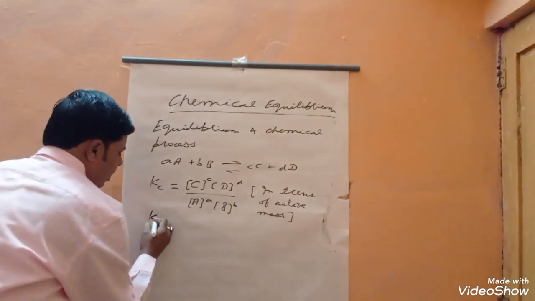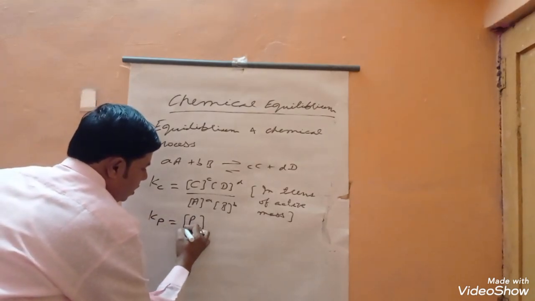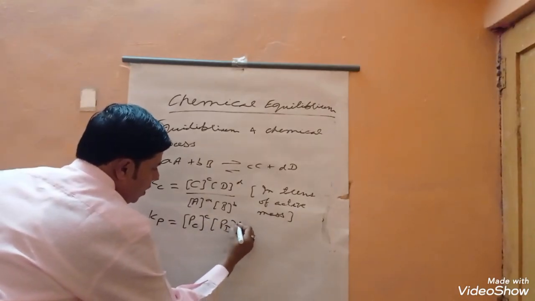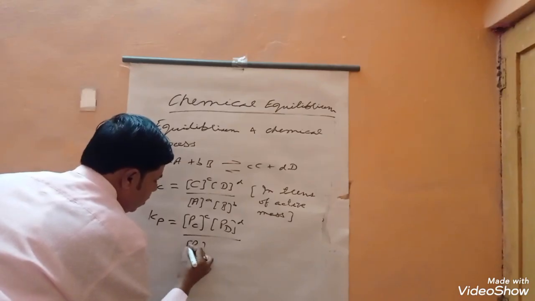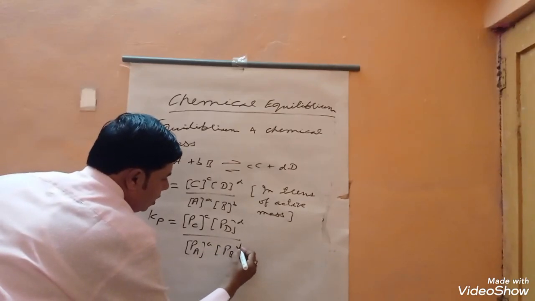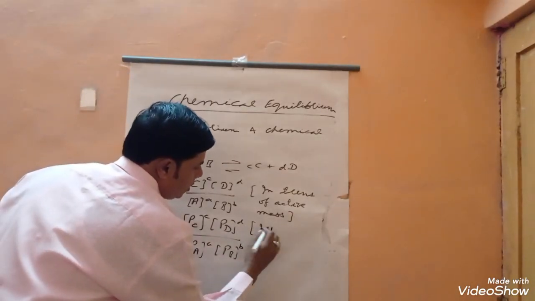If we calculate Kp in terms of partial pressure, it becomes Pc^c Pd^d divided by Pa^a Pb^b. So this is in terms of partial pressure.